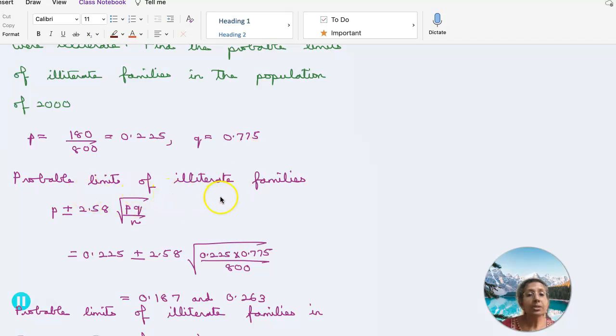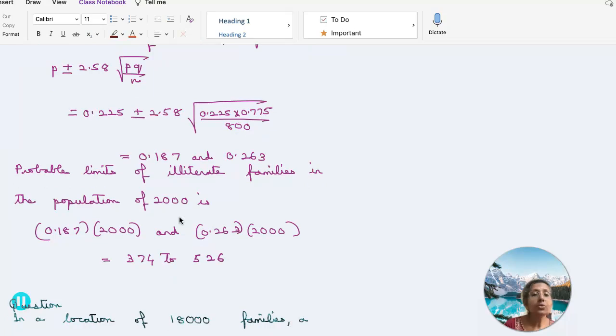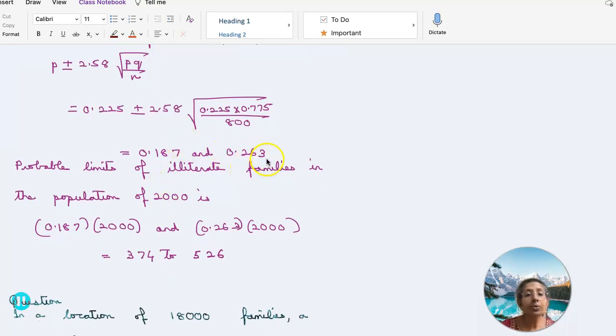So probable limits of illiterate families is given by the formula p plus or minus 2.58 root pq by n. Substituting, you get 0.187 and 0.263. Now what do you need to find? The probable limits of illiterate families in this population of 2000. So multiply each by 2000. So you get 0.187 into 2000 and 0.263 into 2000, which is 374 to 526.